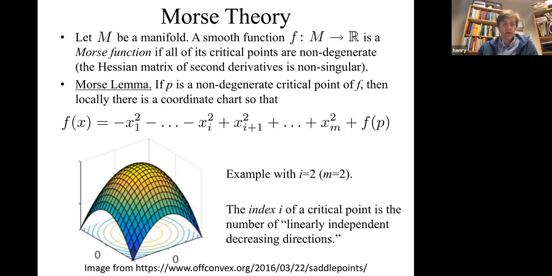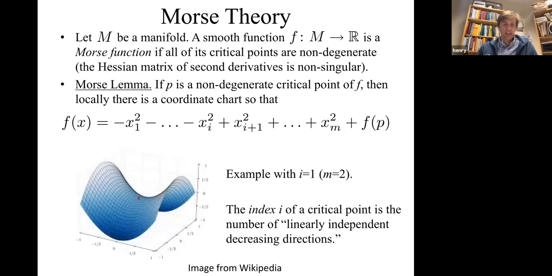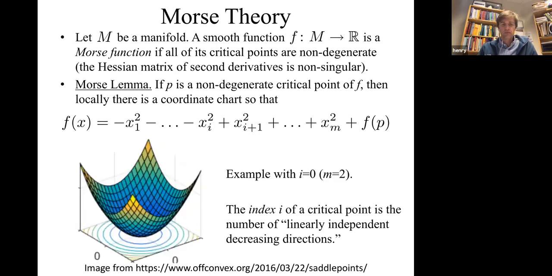There's 2 linearly independent directions in which you could move away from the peak of this mountain. And in both of those directions, the function's getting smaller. So this is a function where in coordinates, it would be negative x1 squared minus x2 squared. This one would be x1 squared plus x2 squared. And this one would be negative x1 squared plus x2 squared.